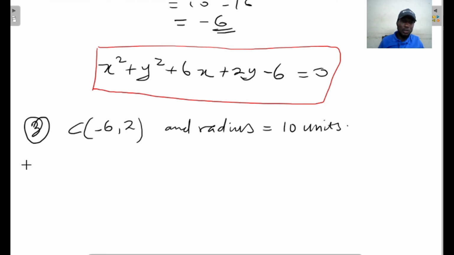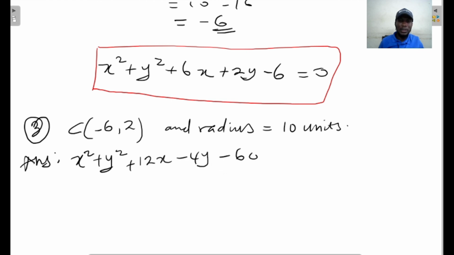If you do it well, you should have x squared plus y squared plus 12x minus 4y minus 60 equal to 0 as your equation.